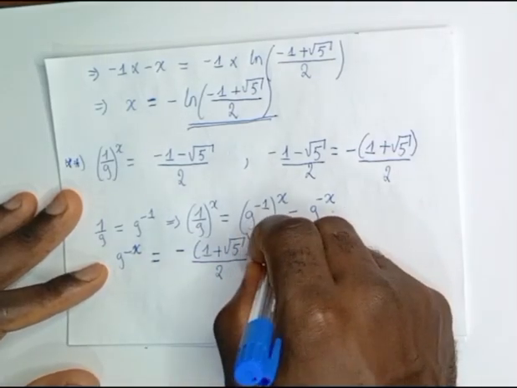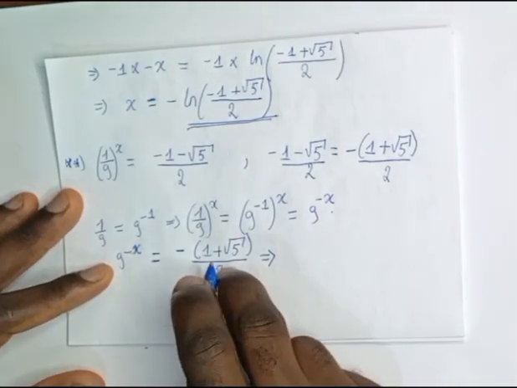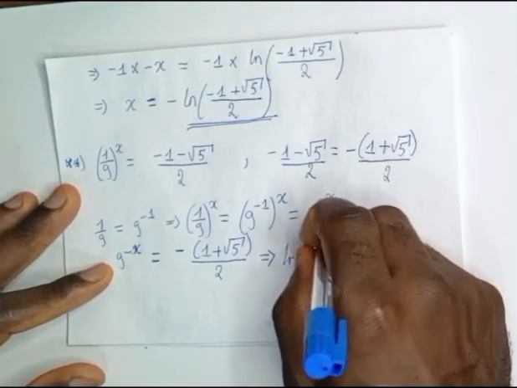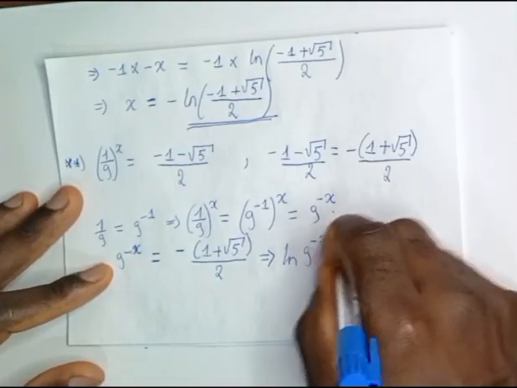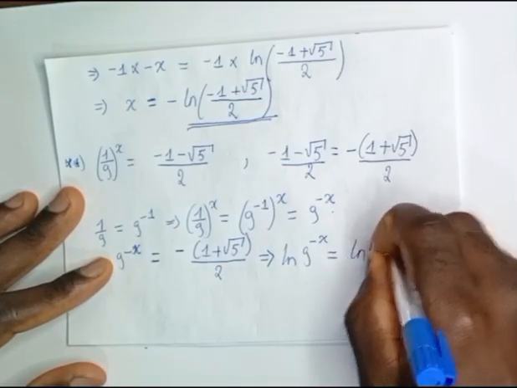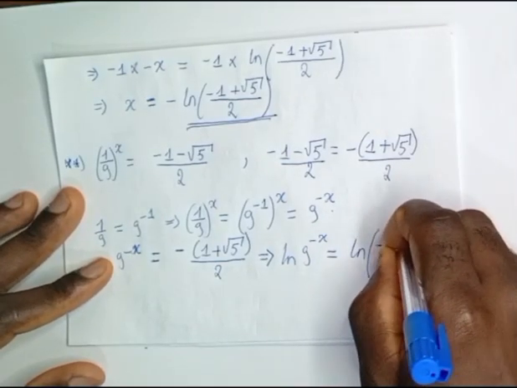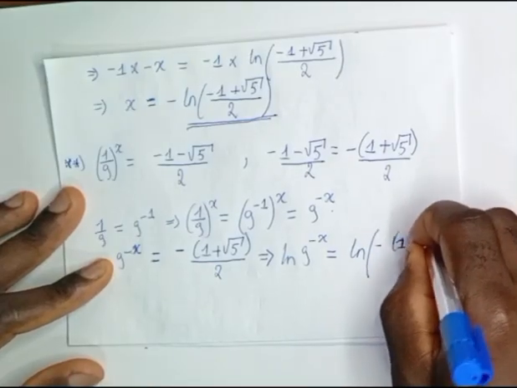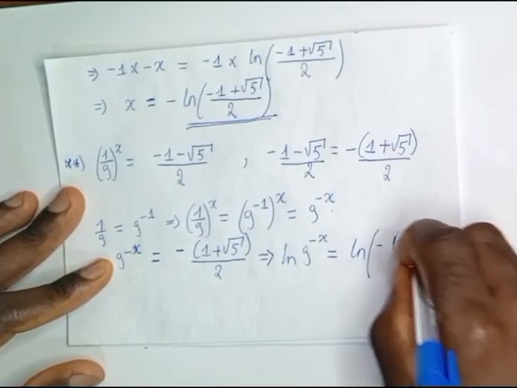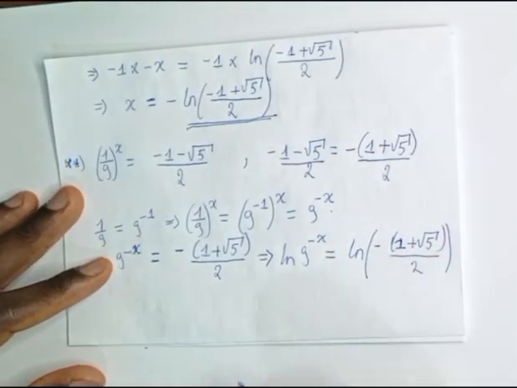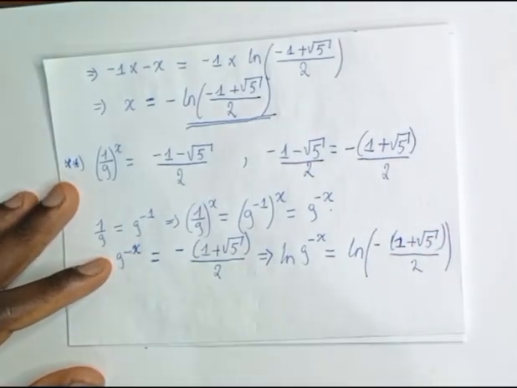Next, if we take ln at the left hand side and at the right hand side, this will give us the ln of 9 raised to the power negative x is equal to the ln of a negative number, which is not possible. The ln of this negative number does not exist.